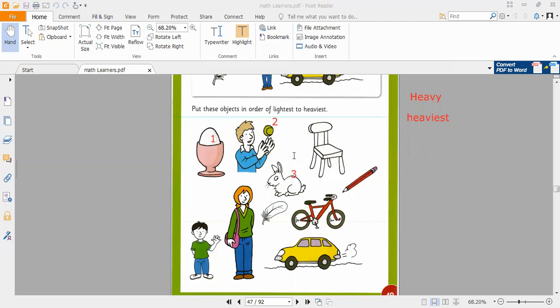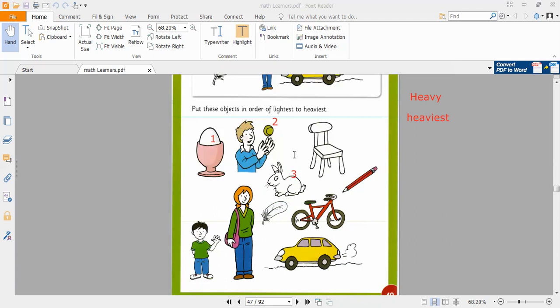First, we put them in a group of three, and then we arrange them in order from lightest to heaviest. As you can see, the egg is lightest here, then the ball, and the third one is the rabbit.